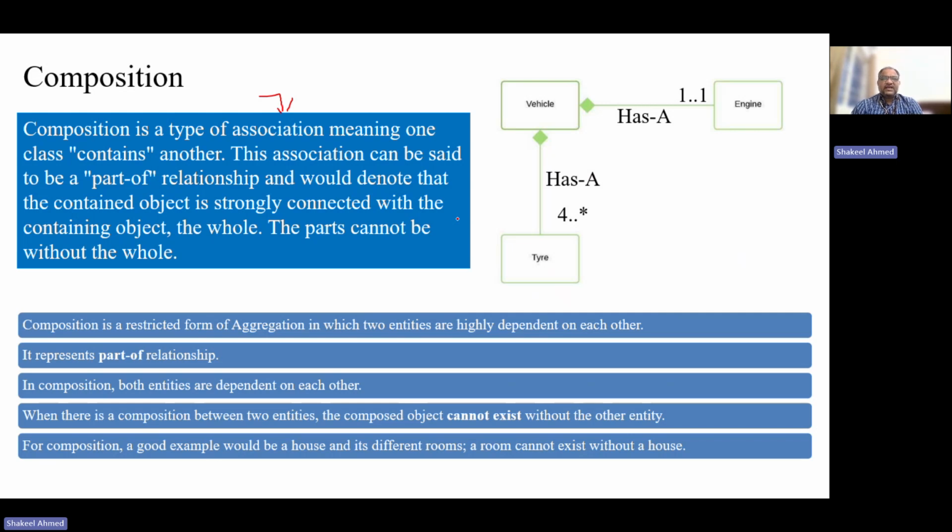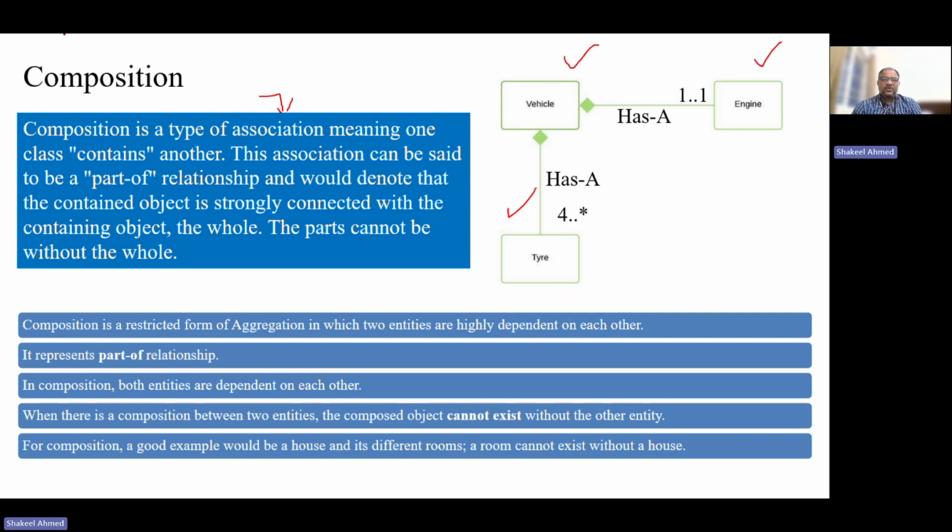Here in an example, we have a class called tire, a class called vehicle, and a class called engine. Composition is a restricted form in which two entities are highly dependent upon each other. It represents a "part of" relationship.